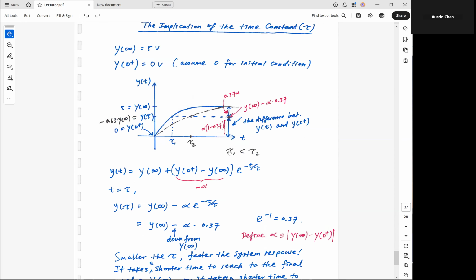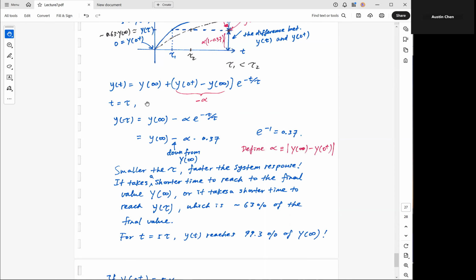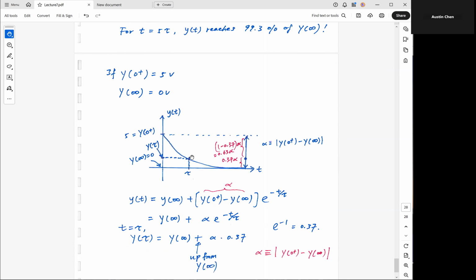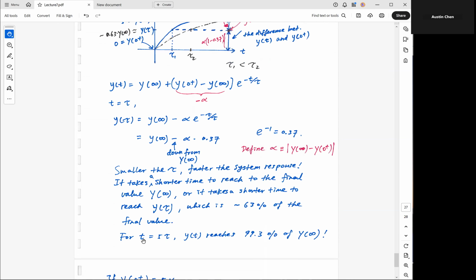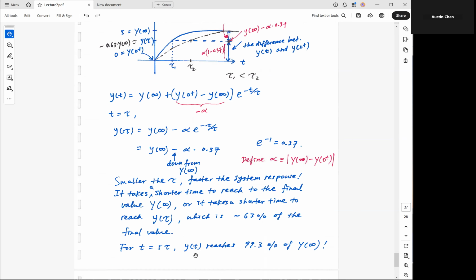So I gave you this little derivation here. You can see that when t is equal to 5 tau, this y of t, you can consider as your Vc of t, like your voltage across a capacitor or your battery charging up to 100%.